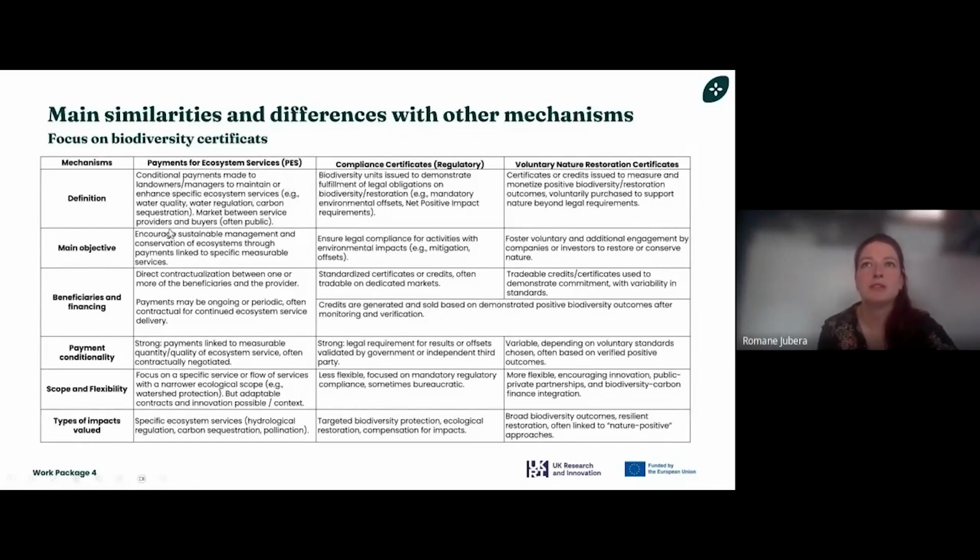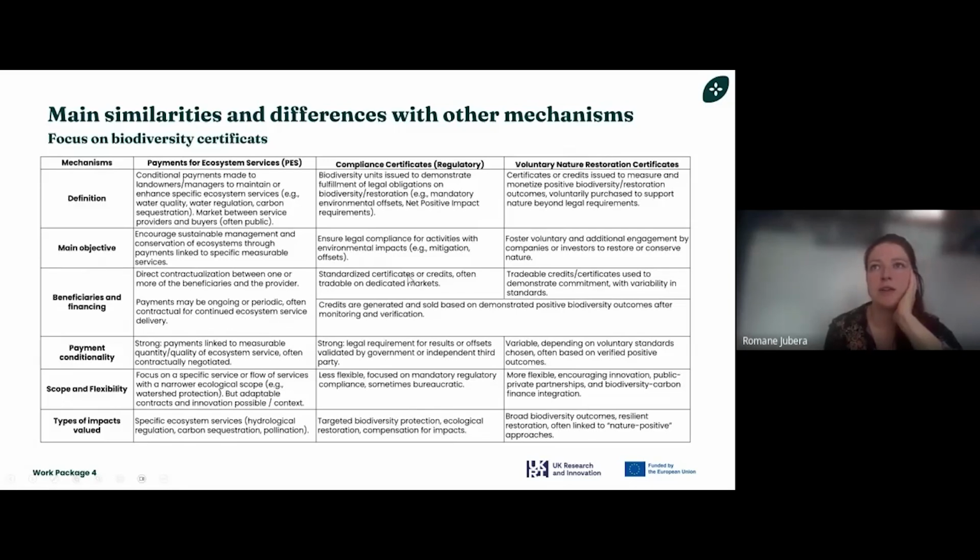It's a market between the service providers and the buyers, whereas compliance certificates or voluntary certificates are more biodiversity units that are usually tradable also. The beneficiaries in the case of PES work with direct contractualization with providers, and the payments may be ongoing or periodic, often contractual for continued ecosystem service delivery.